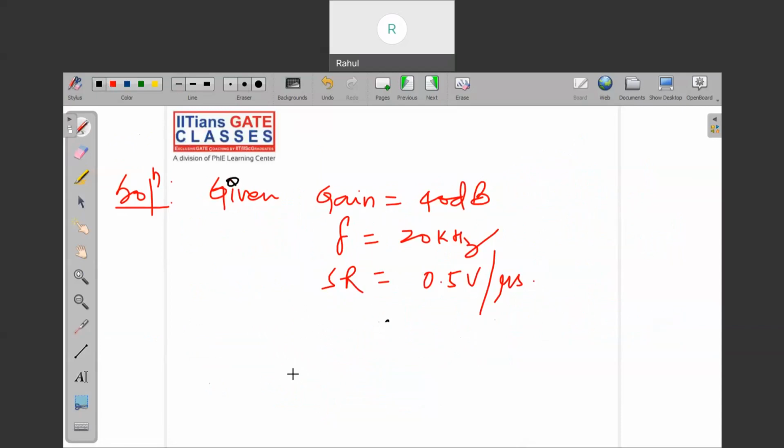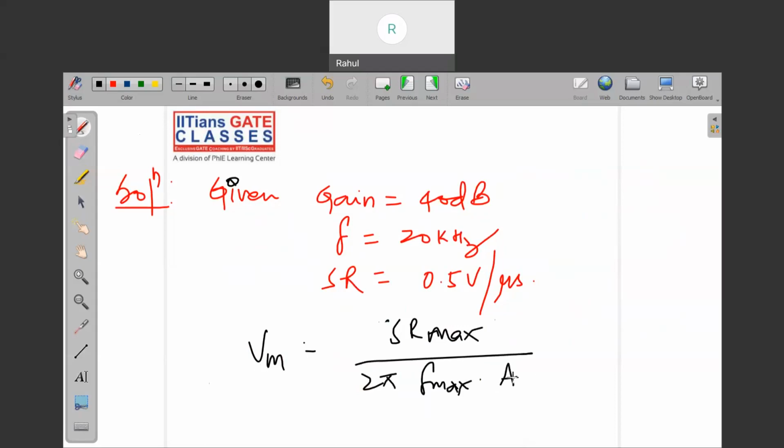So here the Vm can be computed as SR max upon 2 pi f max, into the gain A. This is how you can compute.